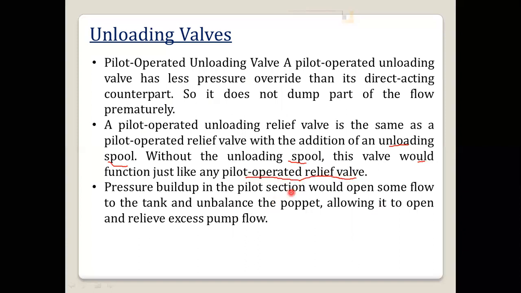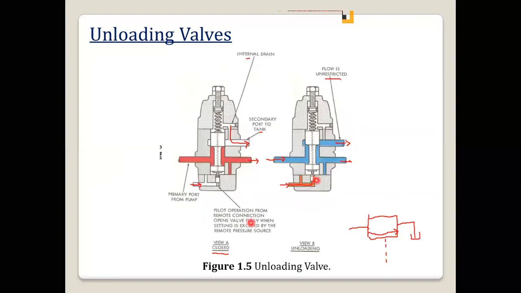The pressure buildup in the pilot section will open some flow to the tank, as seen in the diagram, and unbalance the poppet, allowing it to open and relieve the excess pump flow. That means when the tank port gets open, the excess pressure is relieved to the tank.